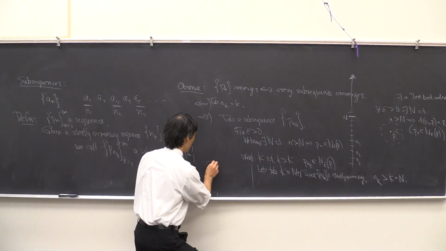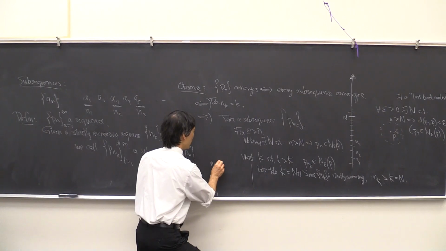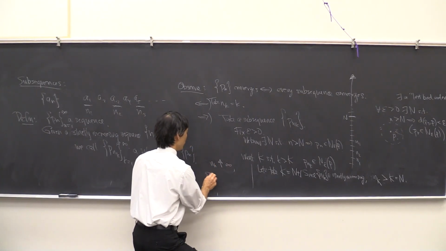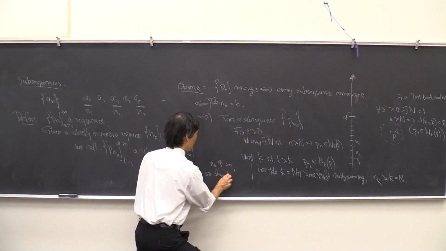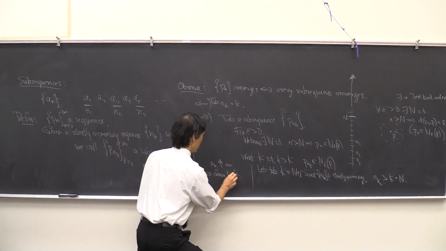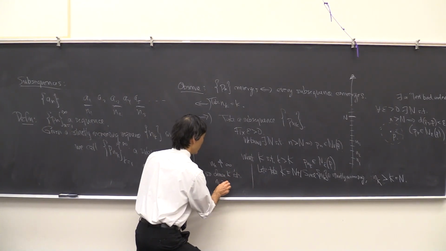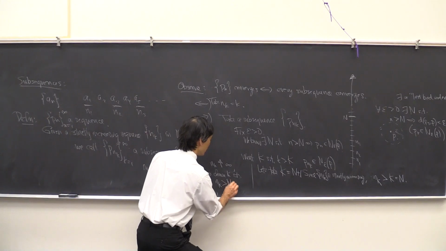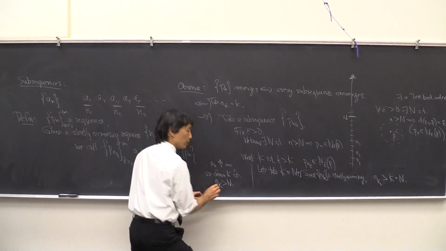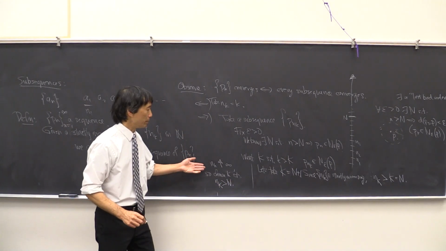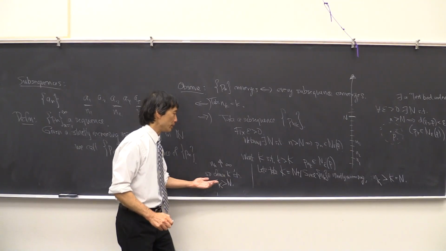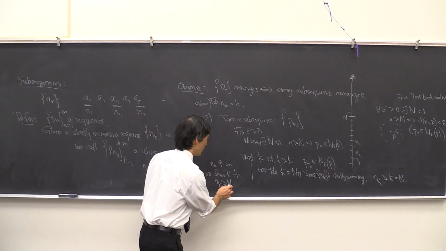You could just say choose, n sub k goes to infinity. So choose k such that n sub k is bigger than n. You know that these go to infinity, so choose k such that n sub k is bigger than n.